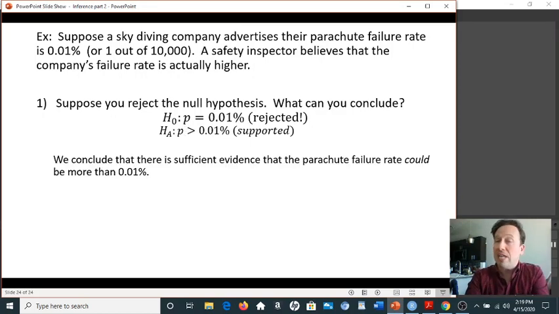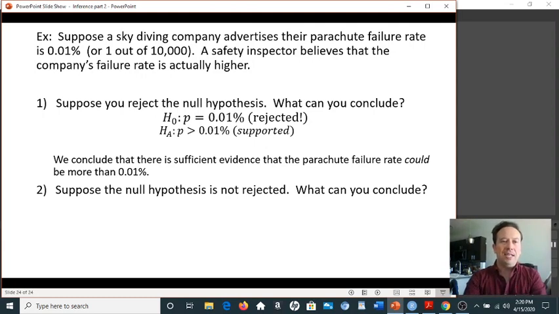Be a good statistician and use the phrase sufficient evidence: there is sufficient evidence that the parachute failure rate could be more than 0.01%. Never say that it is, never say that it's true, because it's never 100% certain. Just like with court, you can never say that somebody is innocent. In statistics we're not saying that it's true; we're saying that it could be.